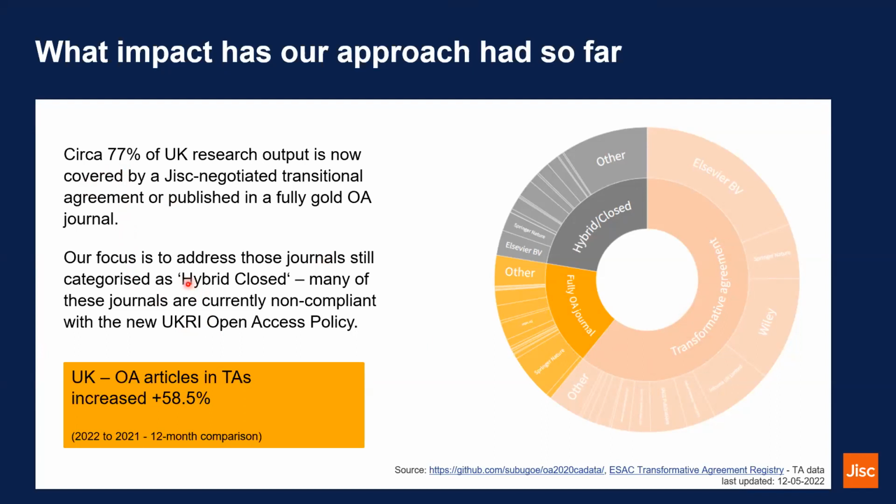And our main focus at the moment is to address journals and publishing portfolios within this section here, hybrid closed. In a lot of cases, publishers will be compliant with the policy, but it's to ascertain where they're at and to offer them consultative support to get through it further. But anecdotally, looking at this a couple of months ago, we were in the 60s, and now things have moved quite significantly. So the aim is to get as close to 100% as we can.